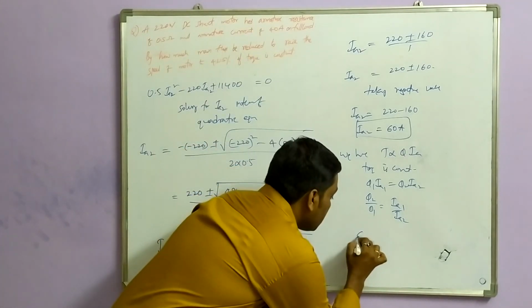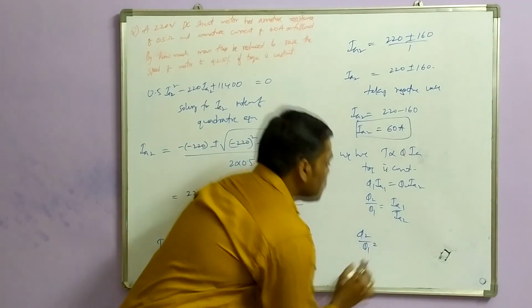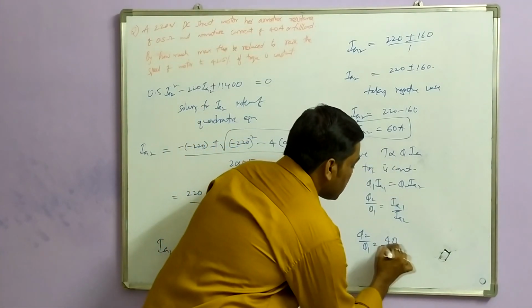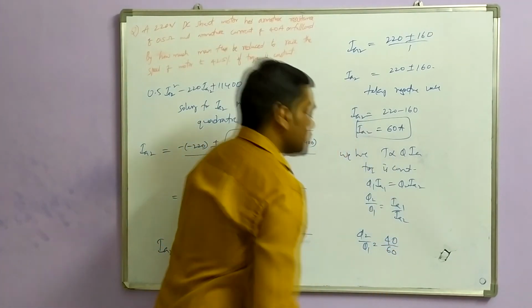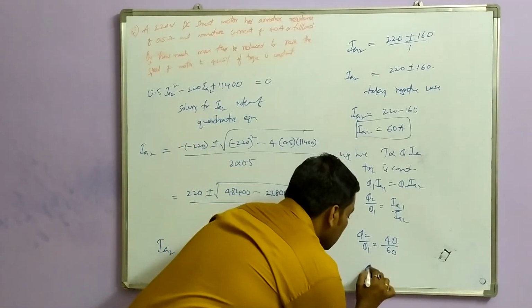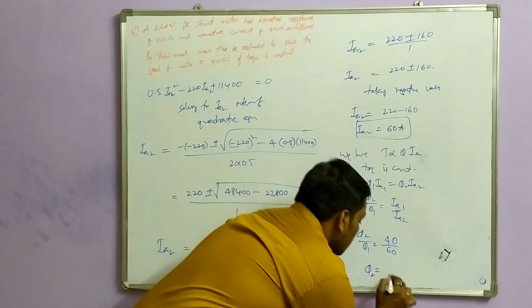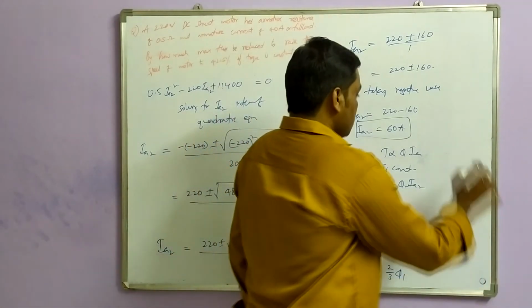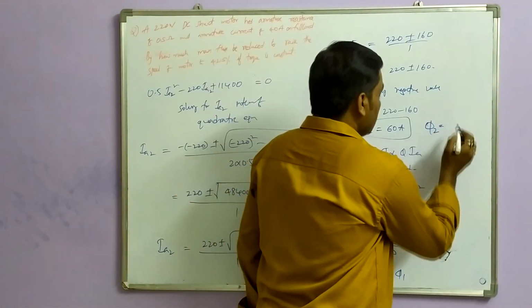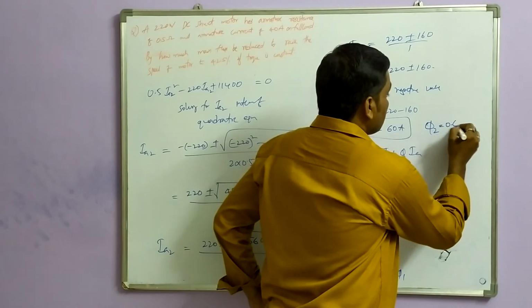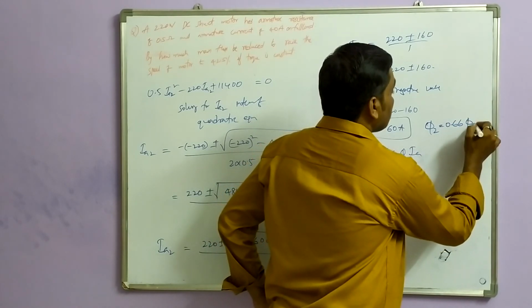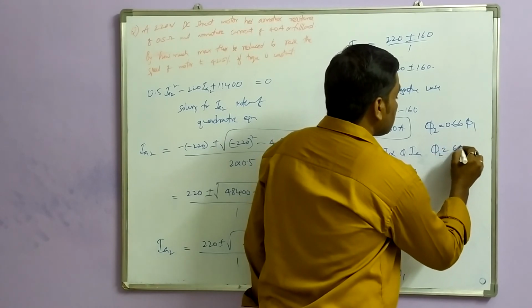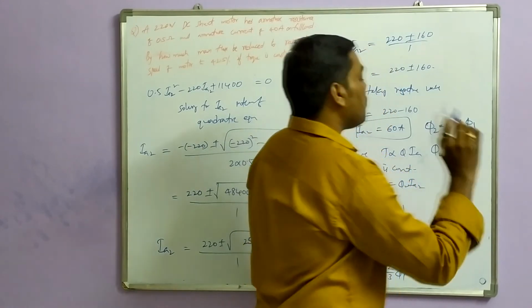We know Ia1 is 40 amperes and Ia2 is 60 amperes. So phi 2 is equal to 2 by 3 times phi 1, which is 0.66 times phi 1, so phi 2 is 66% of phi 1.